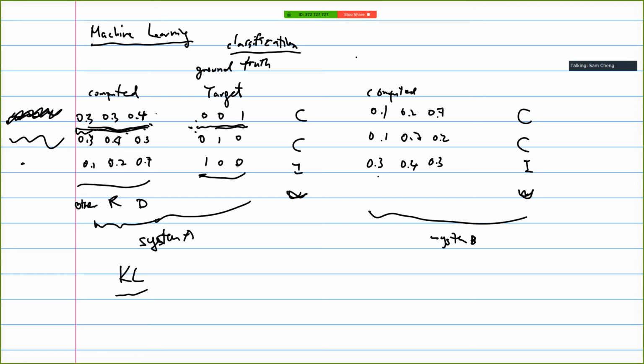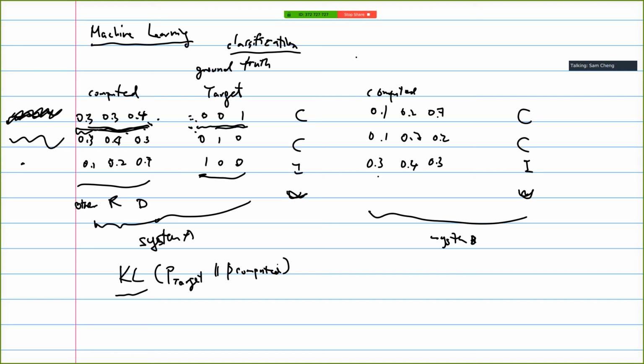So ideally, we want these two distributions as close as possible, and we can use KL-divergence to compute that. So we can compute the KL-divergence between the distribution of the target one, and the distribution of the computed one, the predicted one.